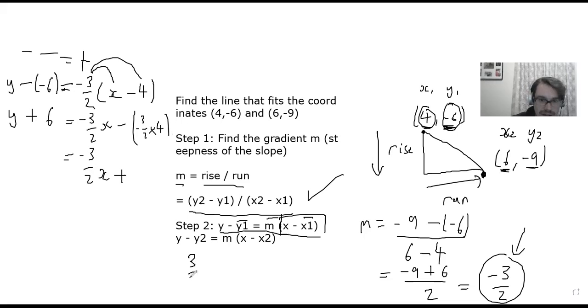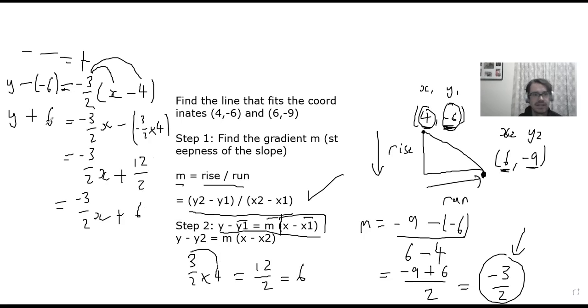We did these types of calculations before. We multiply the top number and the whole number. So that will be 12, and we leave the denominator over 2. 12 on 2. And that just happens to be 12 divided by 2, which is 6. That's going to be y plus 6 equals minus 3 on 2x plus 6.